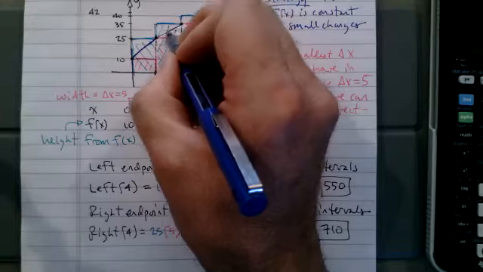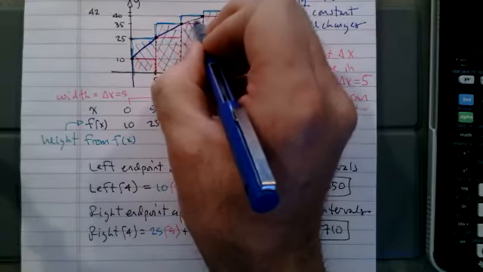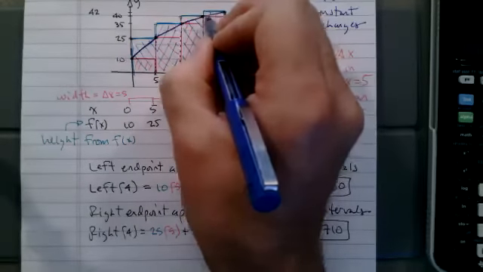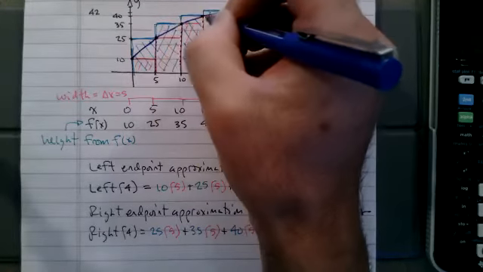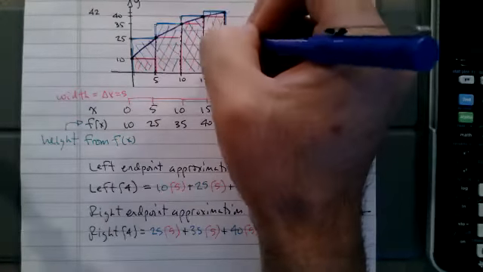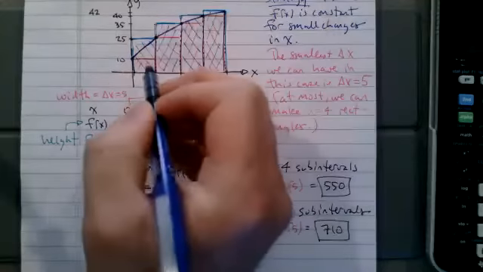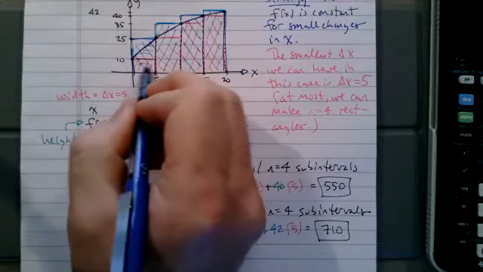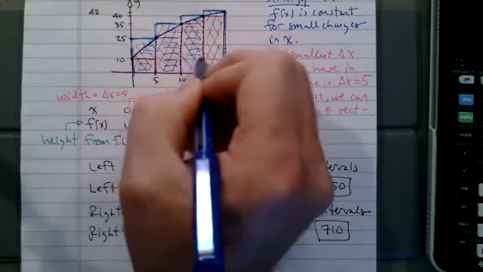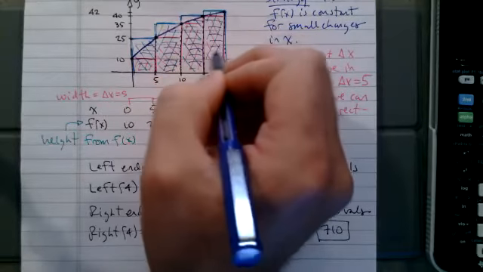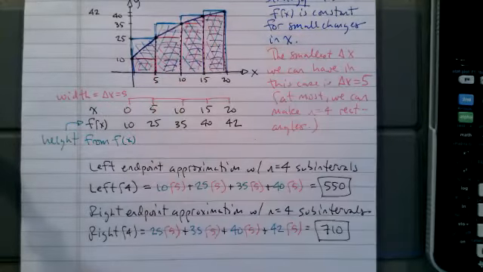So the average of two rectangles is going to form a trapezoid. So here is a trapezoidal area. So this is why it makes sense to find the average of those two rectangles. We're just finding the area of a trapezoid in between the left and right.